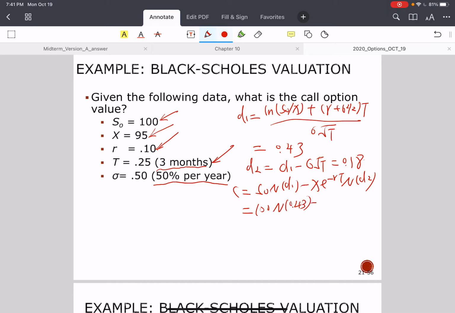Now what is X? It's 95, right? What is r? It's 0.1. And T is 0.25. And N(d2) is N(0.18). So clearly you have every number you need to find out the call option price. What you need to do is to find out this N(0.43) and N(0.18).